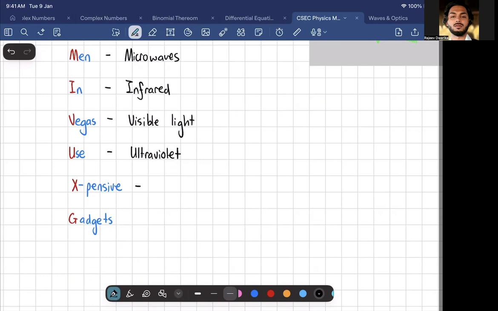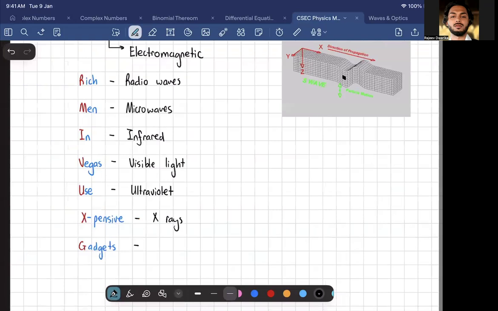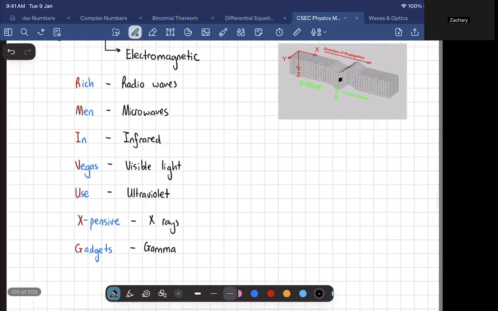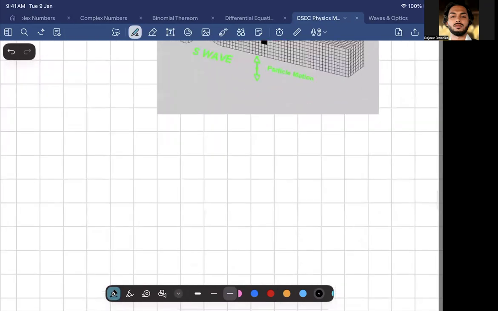And X: X-rays. And the last one, very dangerous: gamma. Now, guys, we just learned that wavelength and frequency are what to each other?